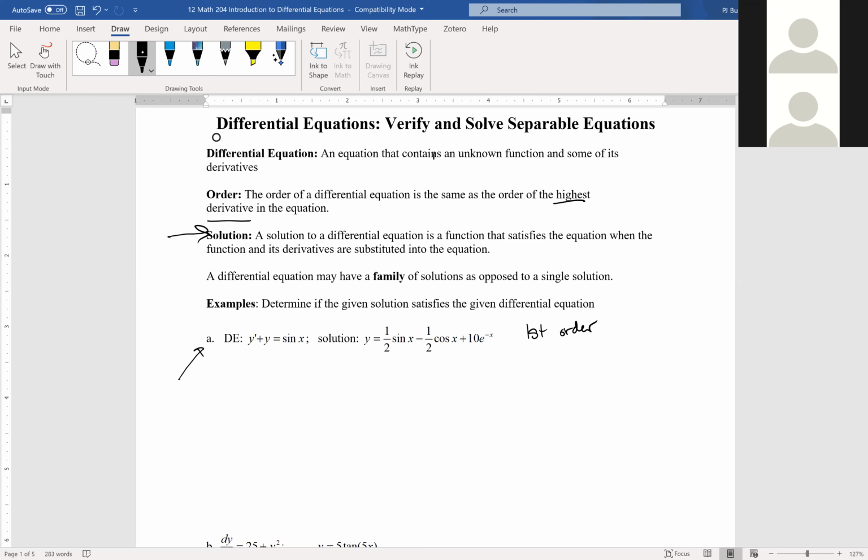But for a differential equation, the solution is a function. So for a down here, right, y prime plus y equals sine x, the solution we're looking for is going to be a y equals equation.